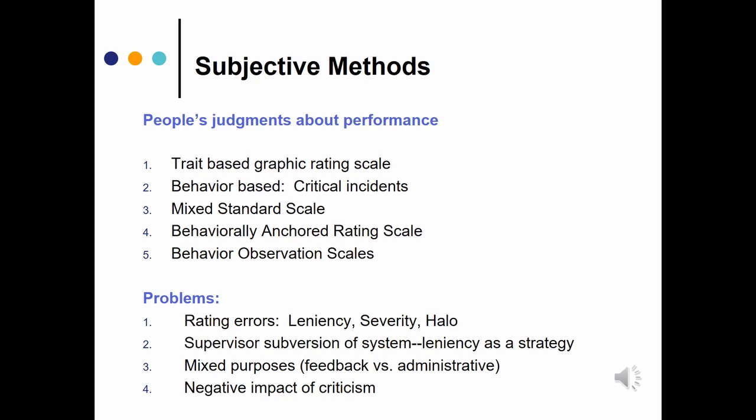And the second one is supervisor suppression of the system. This is also leniency as a strategy. The third one is mixed purposes, like feedback versus administrative. And the last one is the negative impact of criticism.